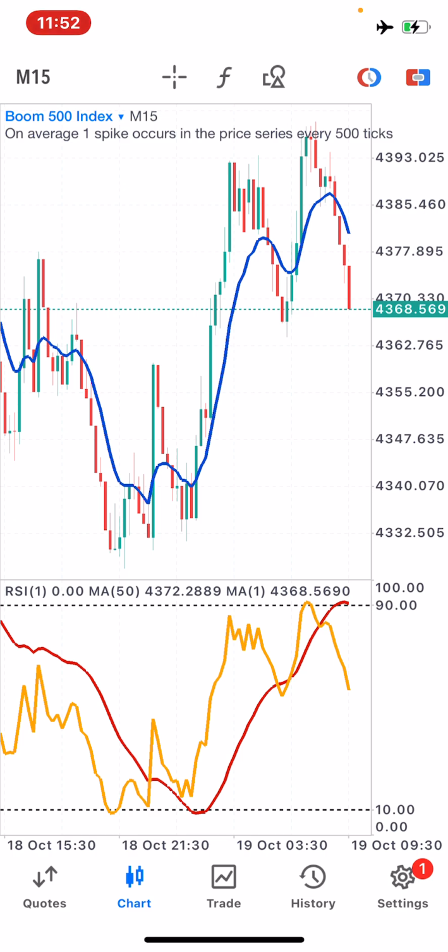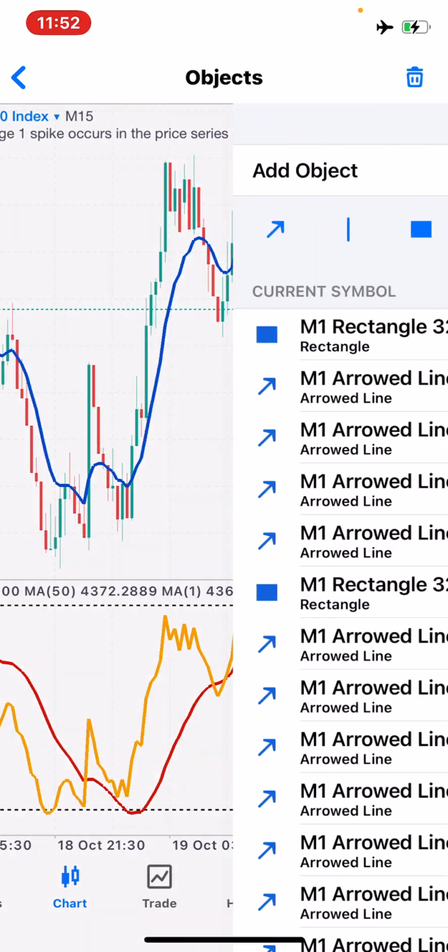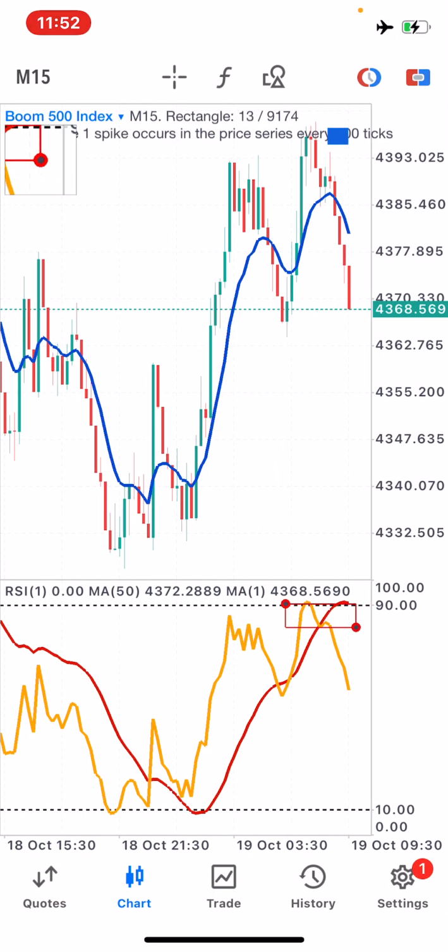Right. For you to enter into a trade on boom, the following conditions would have to occur. Let me first highlight them. Okay, those are the 2 conditions that need to be met for us to enter a sell position on boom.